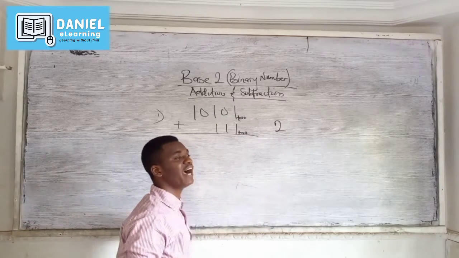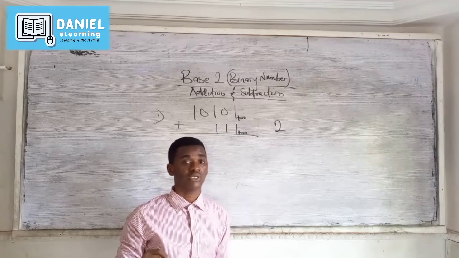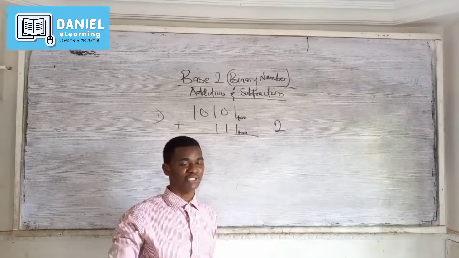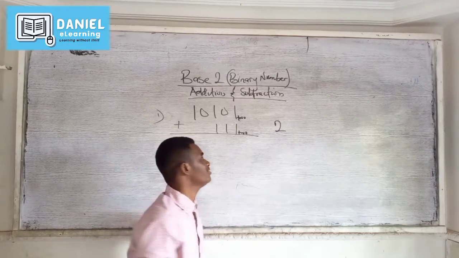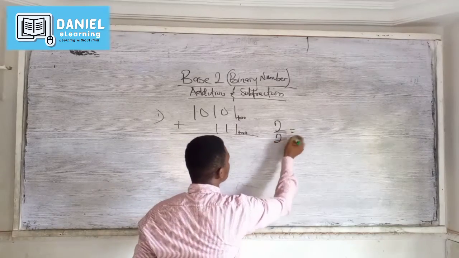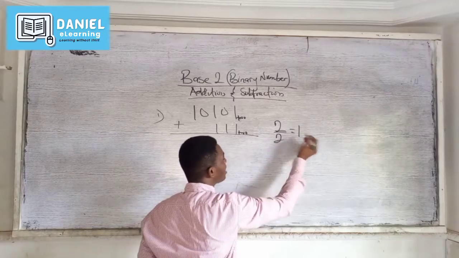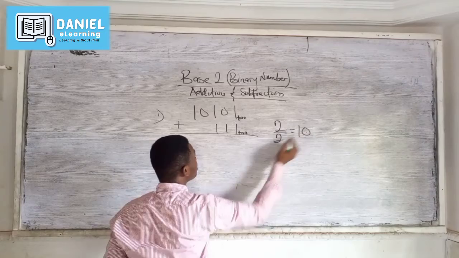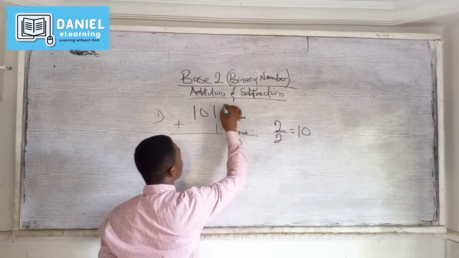Good. So you divide by the base you are working with, because that's how it's done. If you're working with base 2, which is binary, you divide by 2. So when you divide 2 by 2, you have 1 and 0 remainder. So your answer here, you drop this 0 and take the 1 up here.